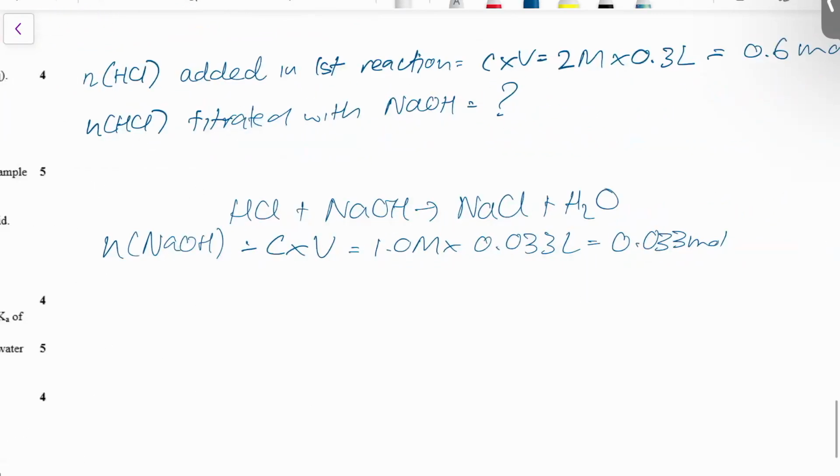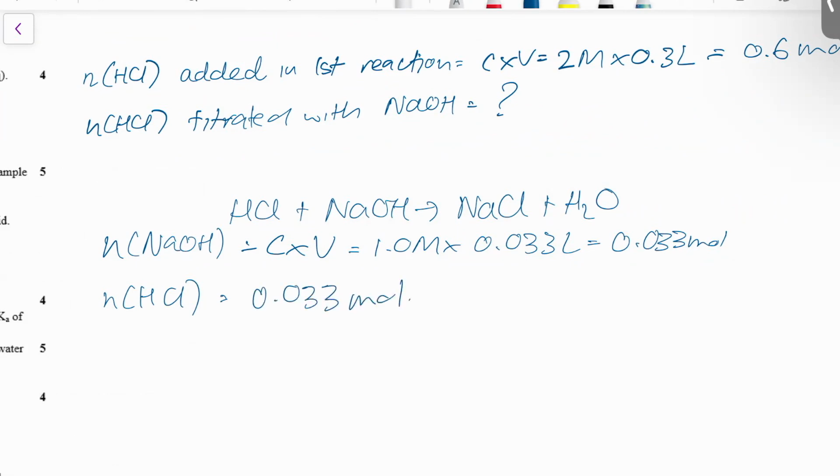So that's the moles of NaOH that titrated with the leftover HCl. So what's the moles of the leftover HCl, guys? Based on the equation that we've written. If that's the moles of NaOH in the titration, what's the moles of HCl in the titration? It's the same because it's a 1-to-1 ratio.